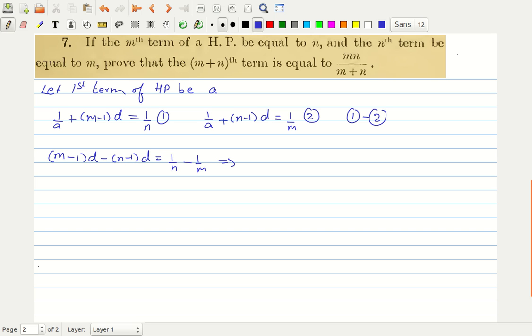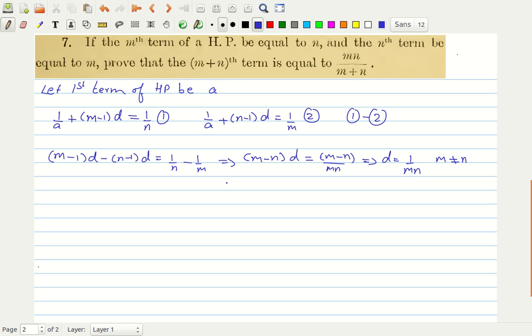If you take d common, you have d times m minus 1 minus n plus 1, so this becomes m minus n times d, which should be equal to, taking the LCM, m minus n in the numerator over mn. If m and n are not equal, we can cancel, so we get d is equal to 1 by mn. The assumption is that m is not equal to n. So we got d now.